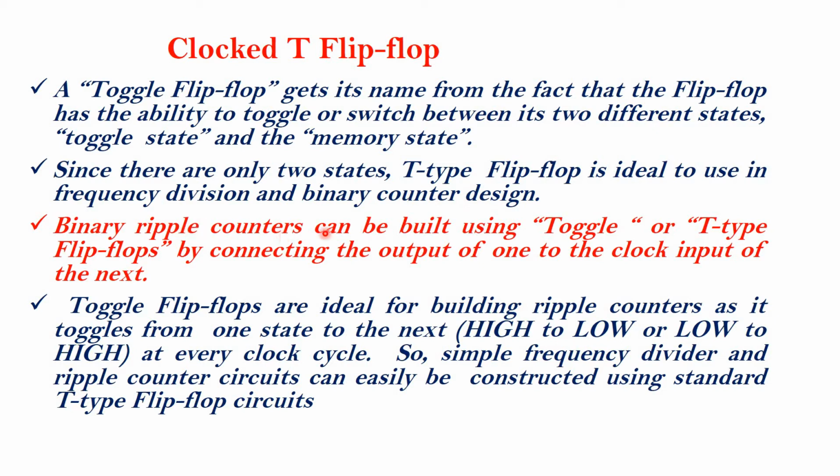Binary ripple counters can be built using toggle or T-type flip-flops by connecting the output of one to the clock input of the next. Toggle flip-flops are ideal for building ripple counters as it toggles from one state to the next, high to low or low to high, at every clock cycle. So, simple frequency divider and ripple counter circuit can easily be constructed using standard T-type flip-flop circuit.